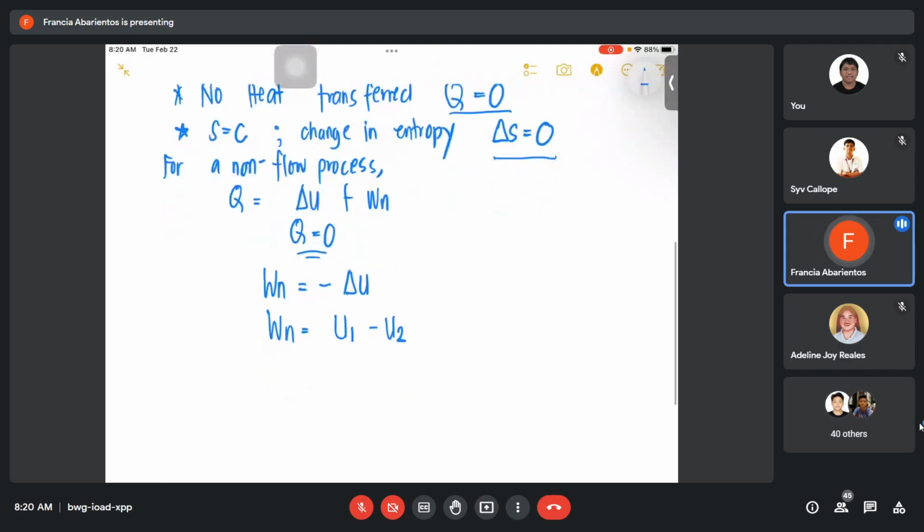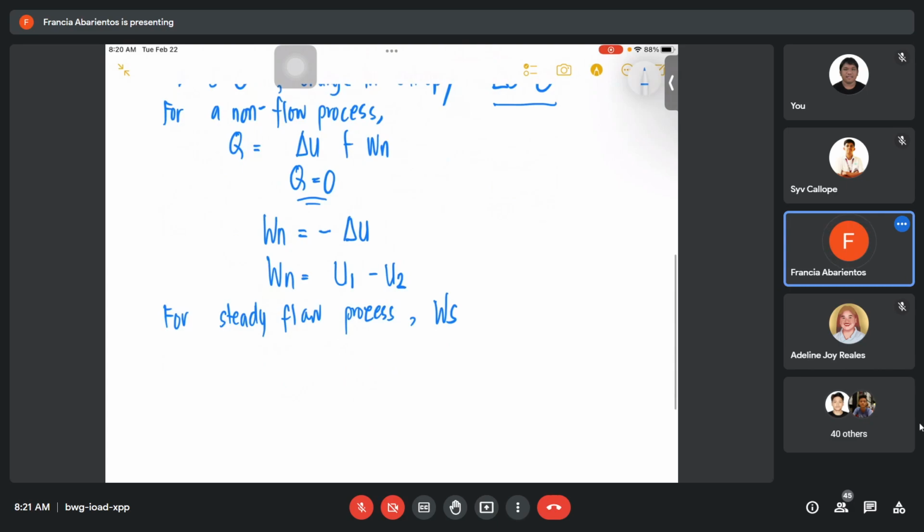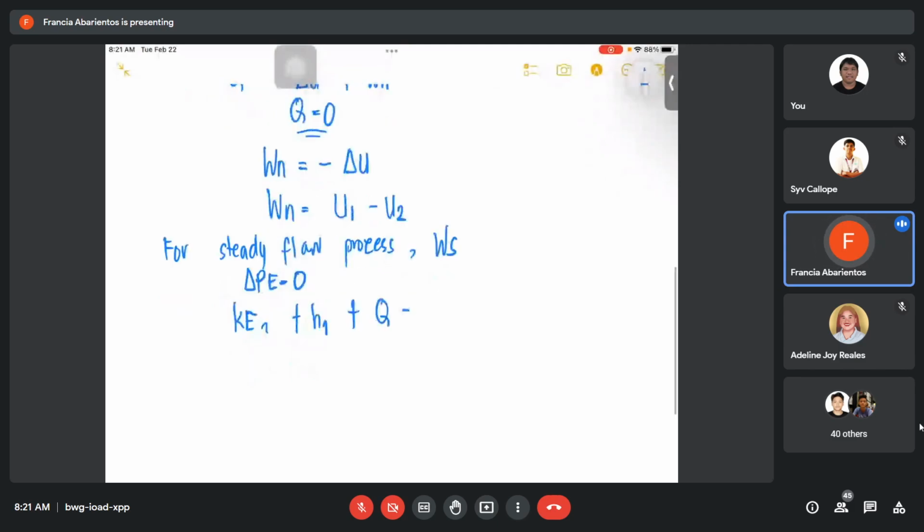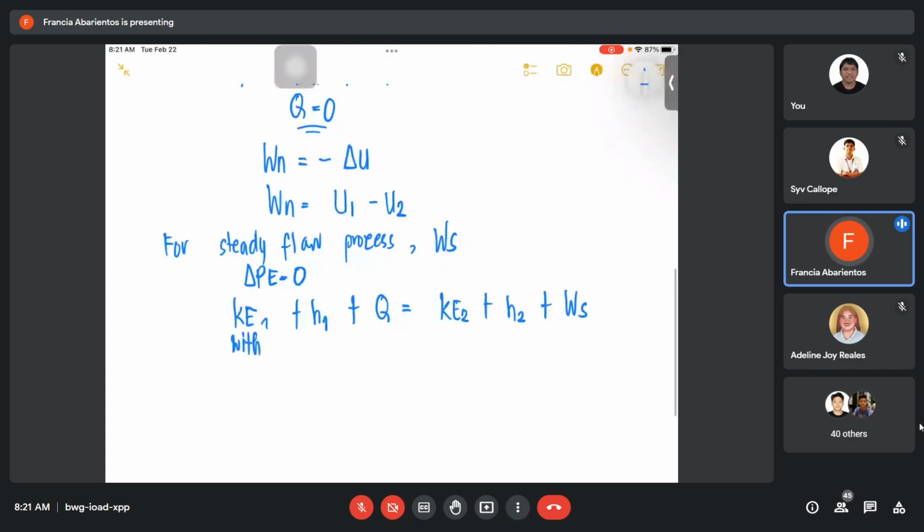Okay. How about for a steady flow process? Okay. So we have now work S, assuming that the change in potential energy is equal to 0. Okay, take note, general equation natin: kinetic energy at point 1 plus the enthalpy at point 1 plus the heat added equals the kinetic energy at point 2 plus the enthalpy at point 2 plus the work of the steady flow. Okay?